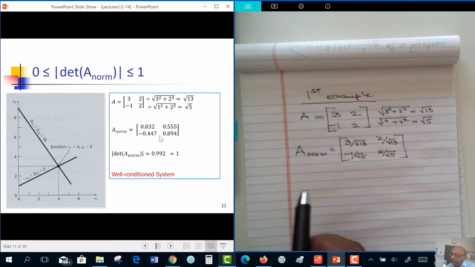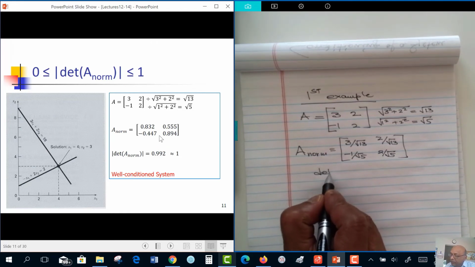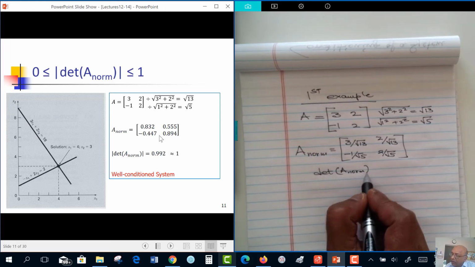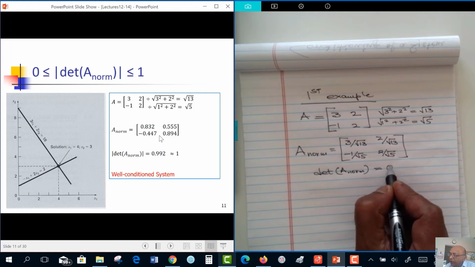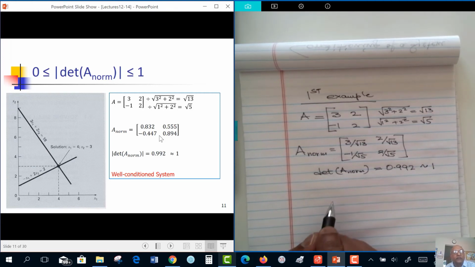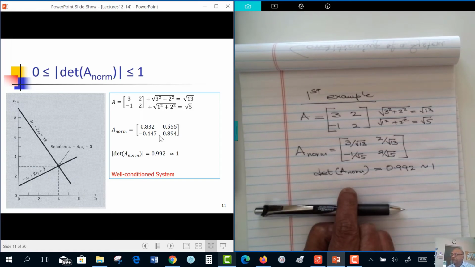So we take our determinant, and it comes out to be 0.992. So you can see it's pretty close to 1. So we have a well-conditioned system.